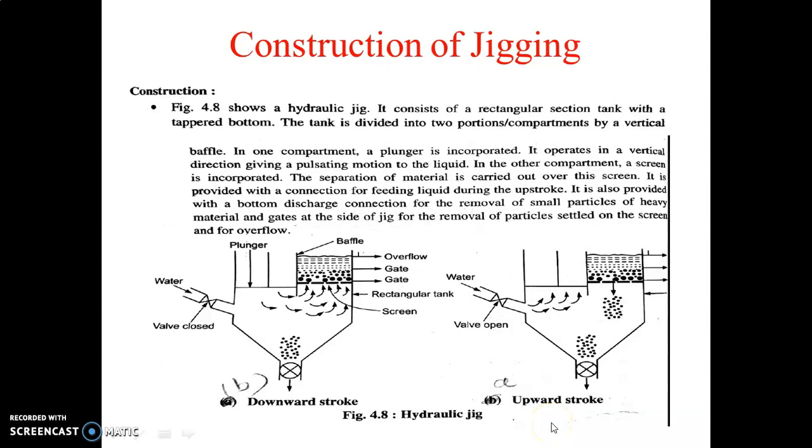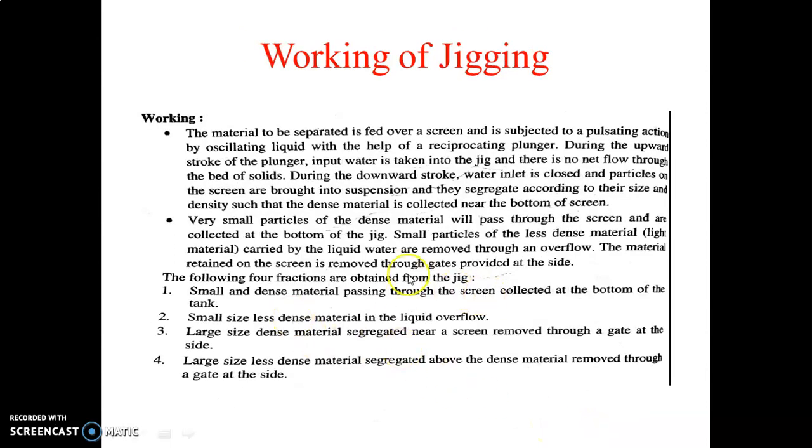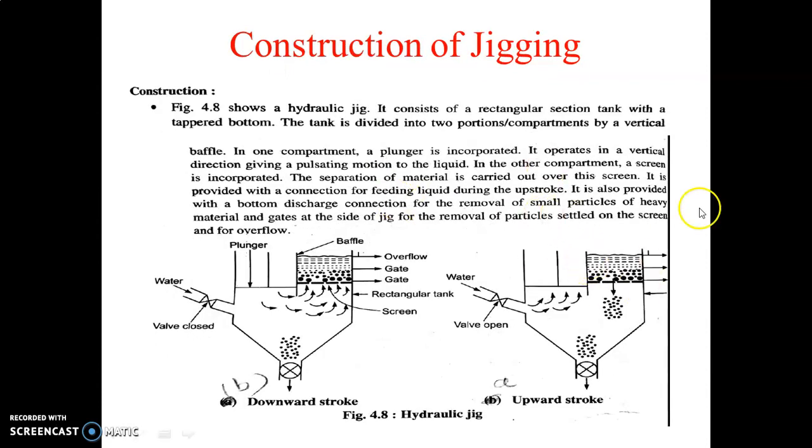During the upward stroke, the input water is taken into the jig, and there is no flow of water in the bed of solids. So in the upward stroke you just take the plunger in the upward direction, and there is no movement of the fluid on this screen.